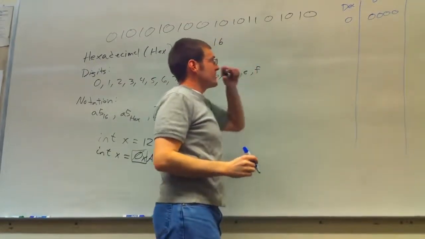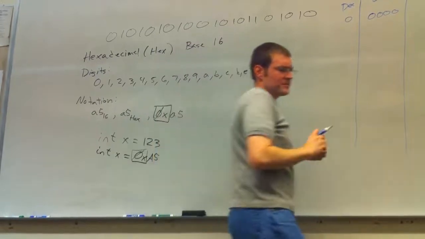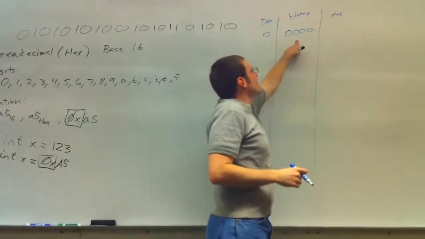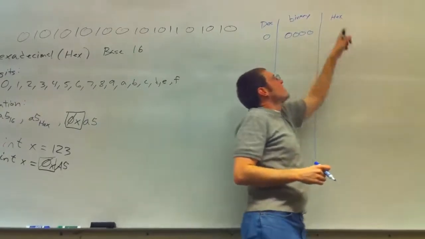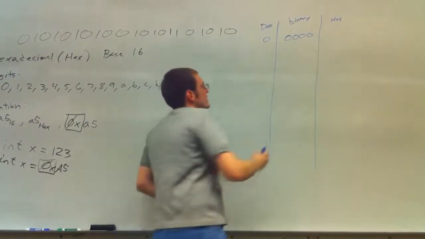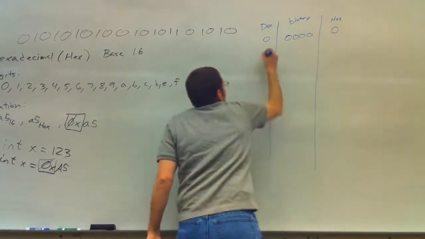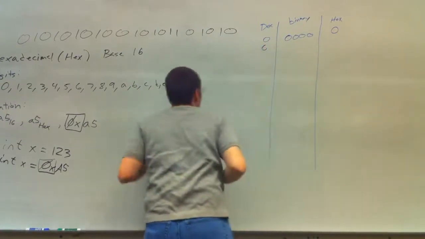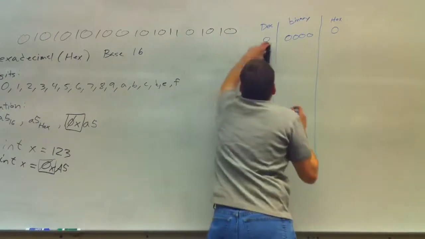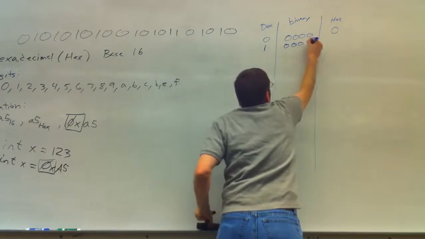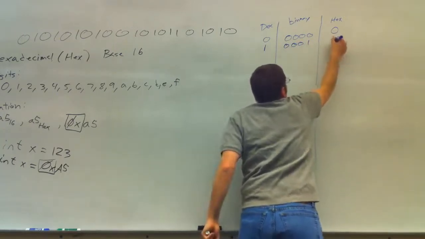Hex is one of the nice base systems because 4 binary digits represent 1 hex digit. So like I said, 0000 is 0, and 0001 is 1.